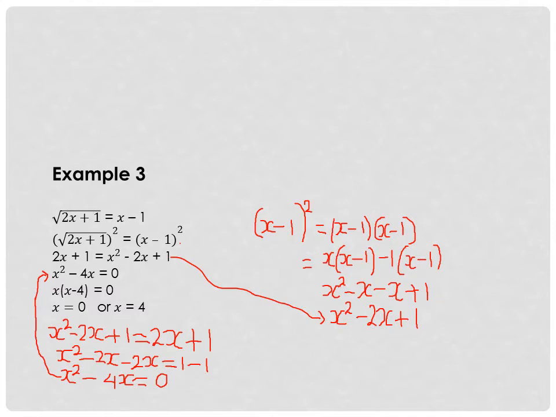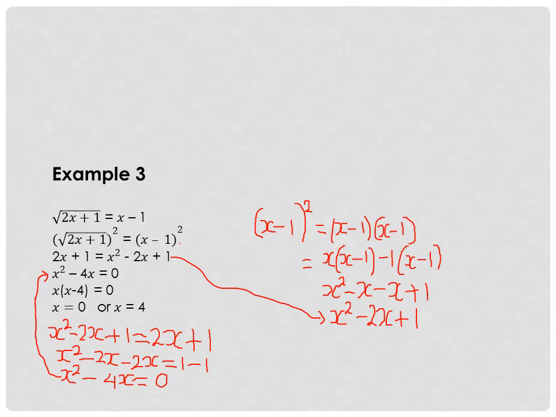Then after, we take negative 1 in the left side to multiply x minus 1 in the right side. So now, x times x will give us x to the power 2. X times negative 1 will give us negative x. And negative 1 times x will give us negative x. And negative 1 multiplying negative 1 will give us positive 1.